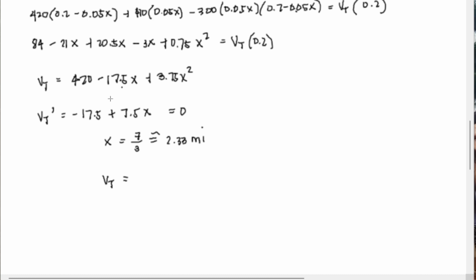Okay, so meron tayong x at saka VT na 399.58 volts.